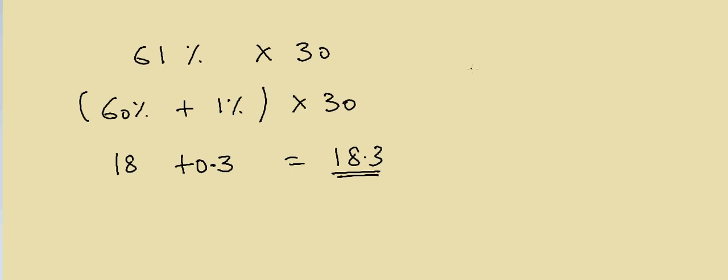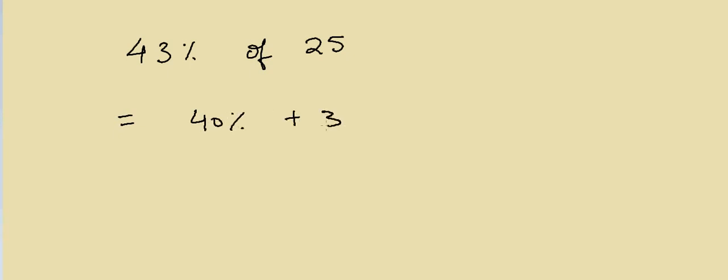Again, let me give you one more example. If I have 43% of say 25, how will I calculate that? In that case, I can say 40% plus 3% of 25.